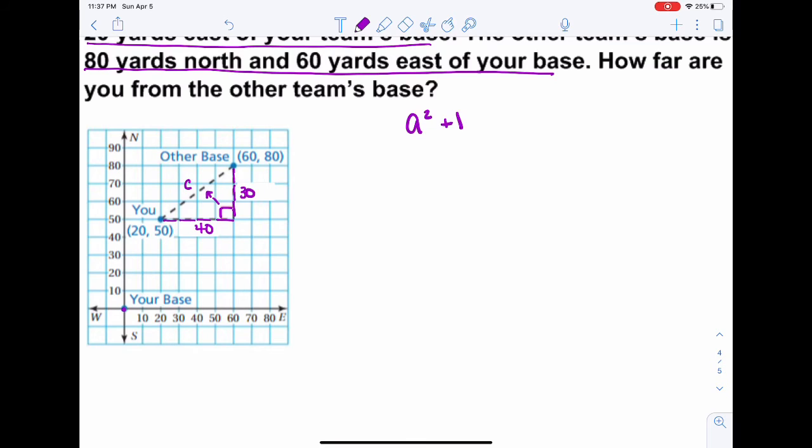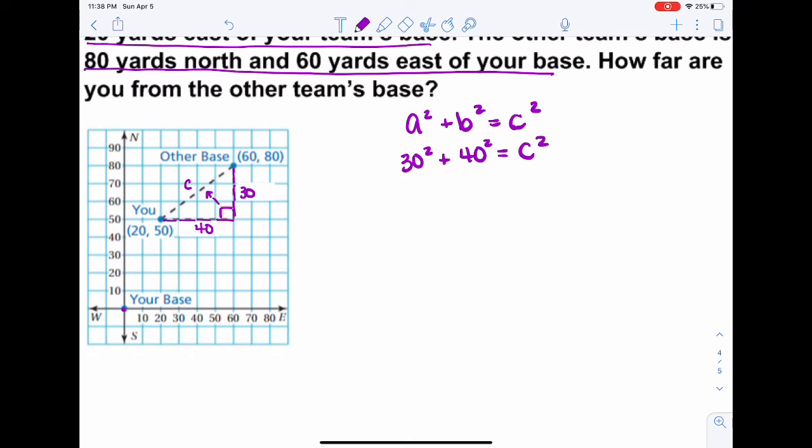So a squared plus b squared equals c squared. A we're going to say is 30. B we're going to say is 40. Y esa distancia diagonal que usted no puede contar, tiene que usar el Pythagorean theorem para saber la distancia. Va a ser su lado C.